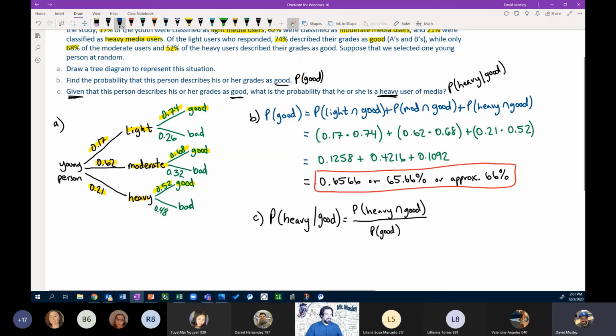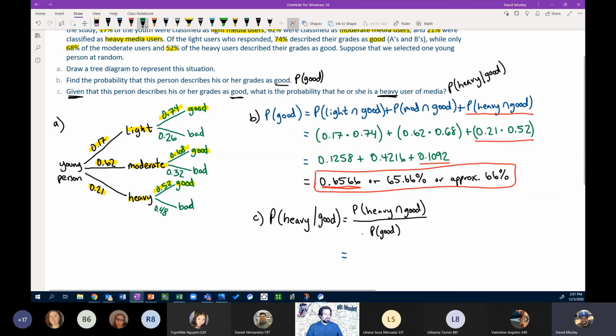Well, that's super convenient because we have those numbers. Probability of heavy and good, right there, which is right here and right here. And probability of being good, well, that's the one we just found.